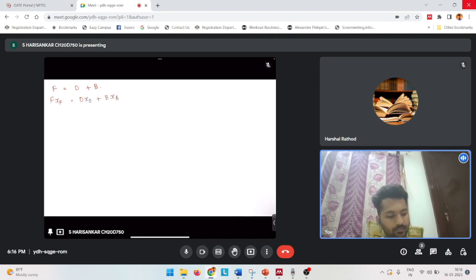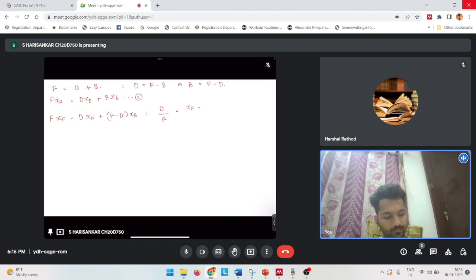Now from this, we can rewrite the top first equation as D is equal to F minus B, or we can even write B is equal to F minus D. So substituting the value for B in your second equation, we get Fxf is equal to Dxd plus (F minus D) into xb, and we can rewrite this as D by F is equal to (xf minus xb) by (xd minus xb).